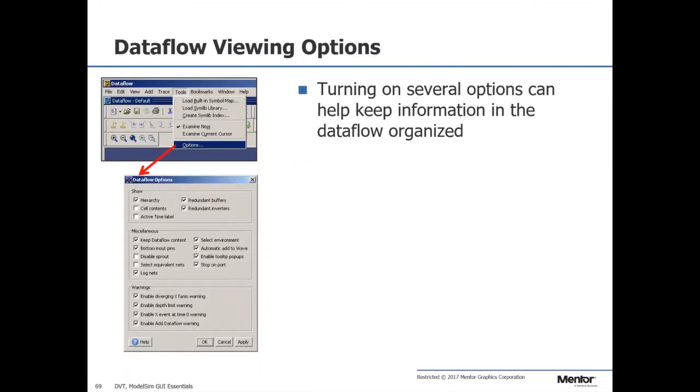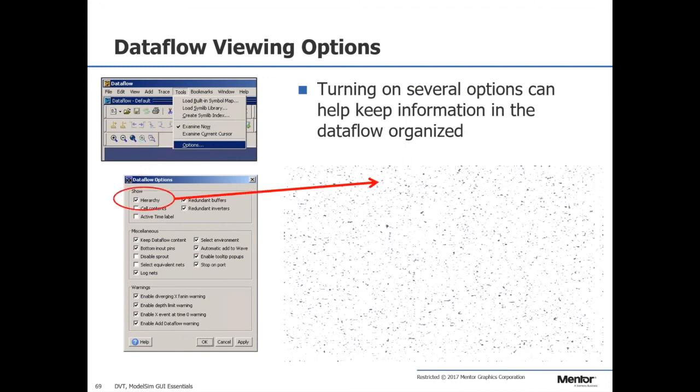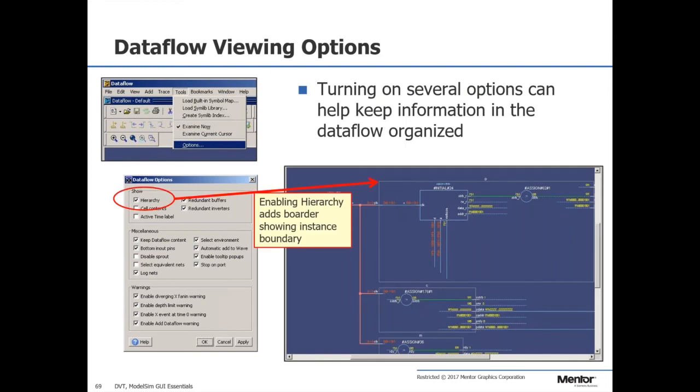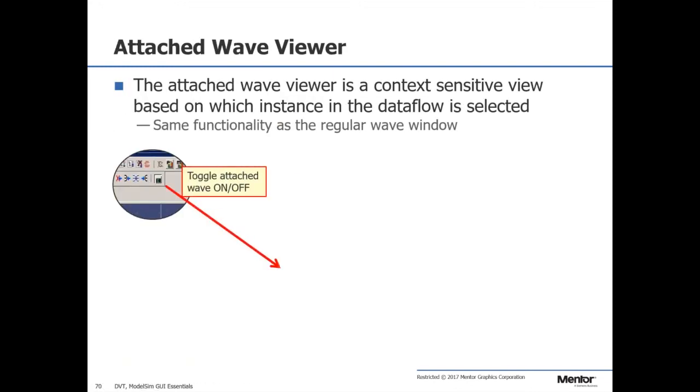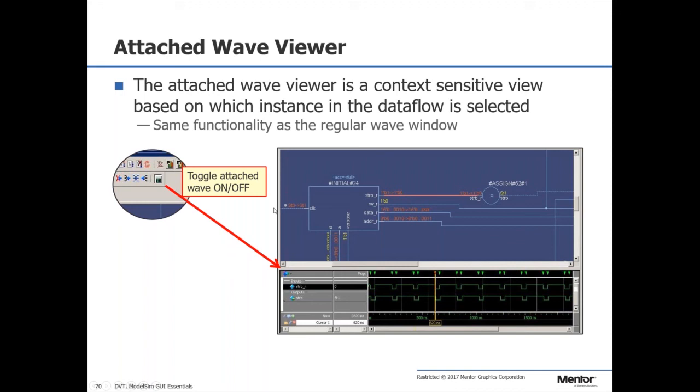The data flow, you can show it in a hierarchical manner where it'll show the hierarchy of things and put a box around the hierarchy. I don't use that function that often. You also can add a wave window that is tied to wherever you have currently selected.